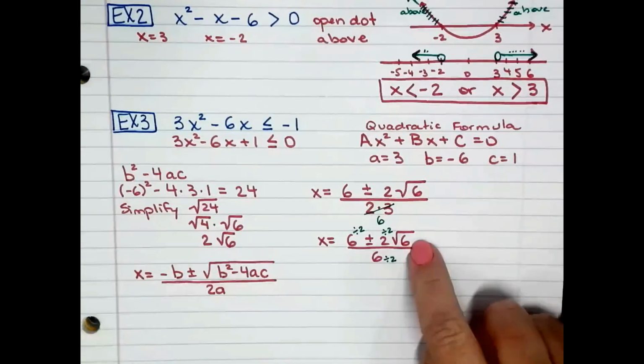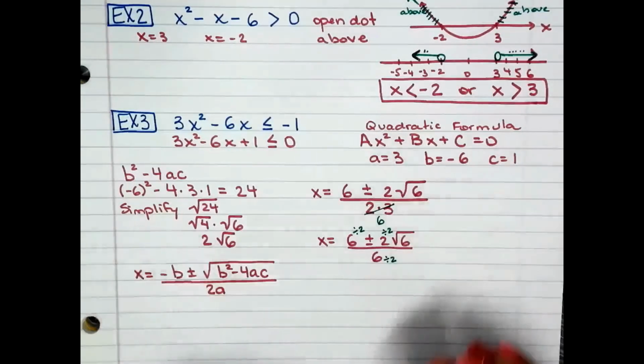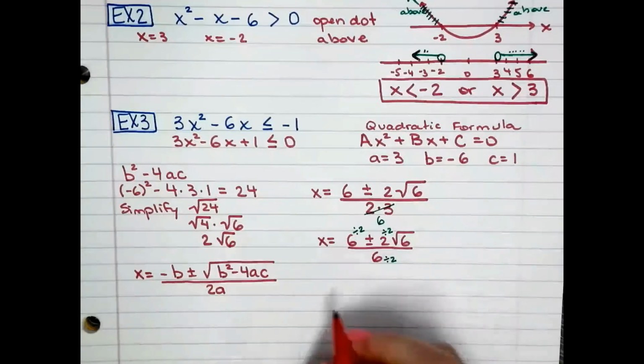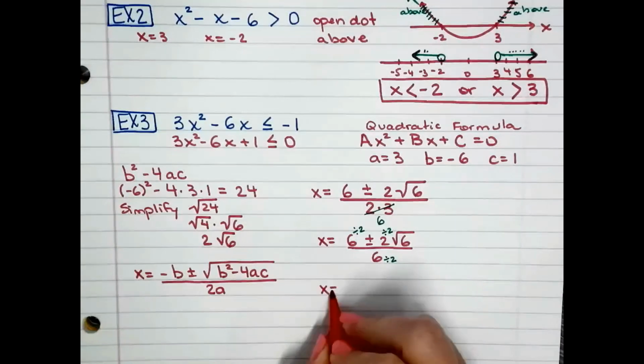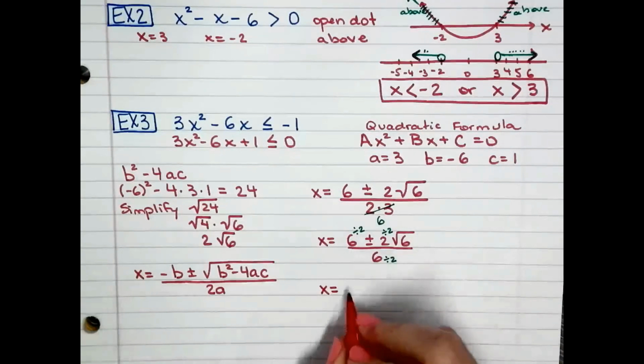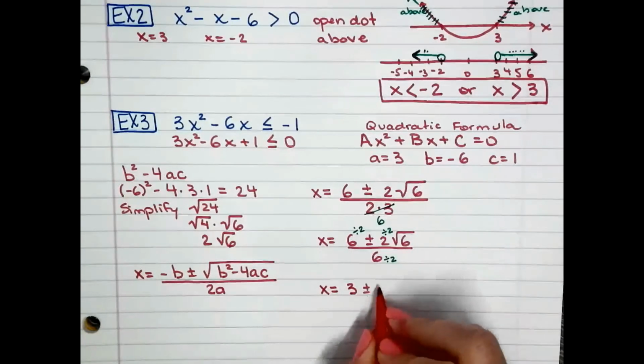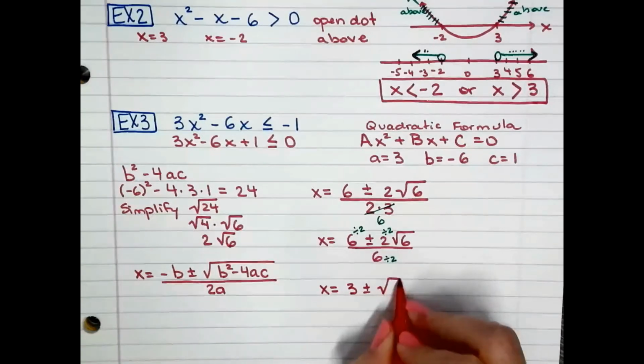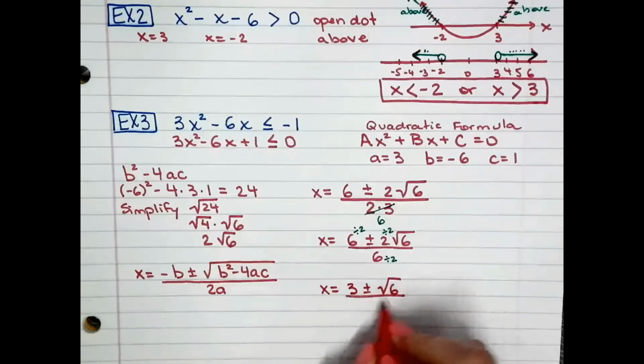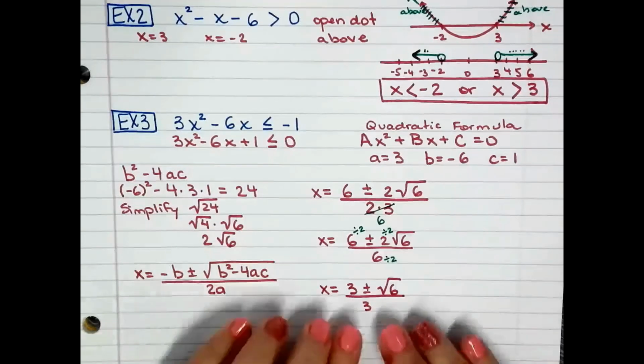The square root of 6 doesn't change, doesn't go anywhere. You don't do anything with it. You leave that alone. Okay, so here I have x equals, divide everybody by 2, okay? So 3 plus or minus 1, you can choose to put a 1 or not, doesn't matter. Square root of 6 over 3. So now, this is my final answer.